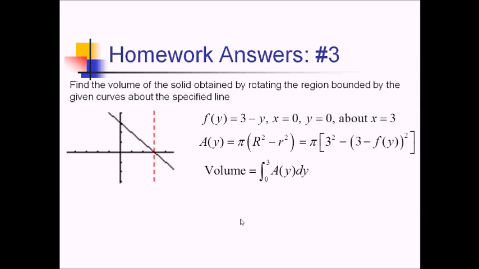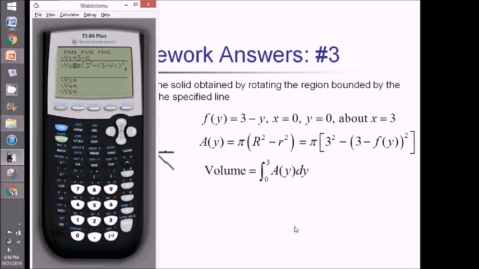Now for the calculator. So I'm going to do some work in my y equals. Before I even bother trying to integrate all this, I'm going to put my area function as y2. So I've got pi, I've got my 3 squared minus 3 minus, and this is the f of y function up here. Since I'm doing everything in terms of x, it's going to treat it like I'm doing everything in terms of y when I actually do this integral out on the calculator.